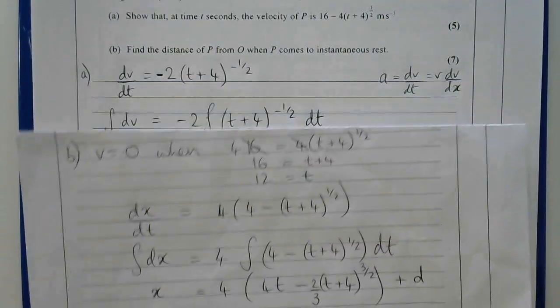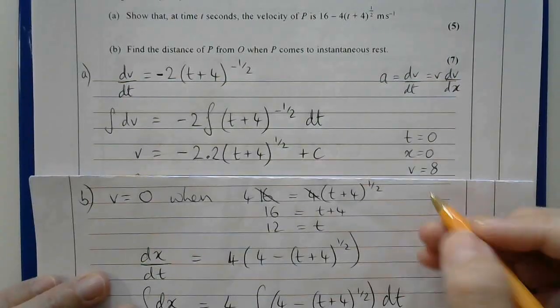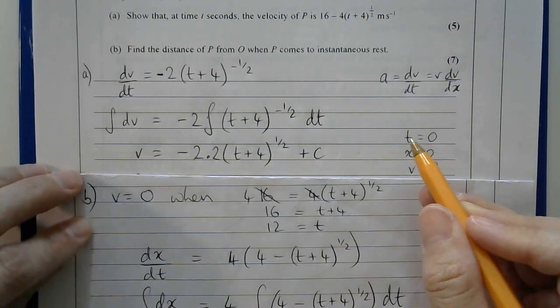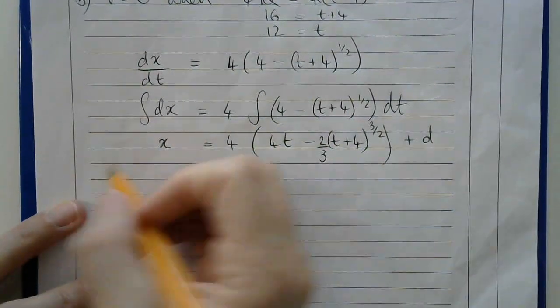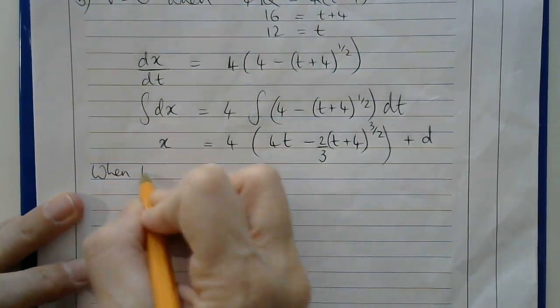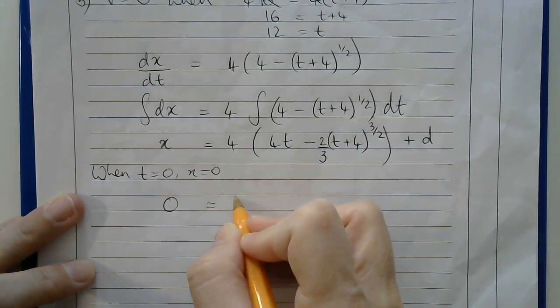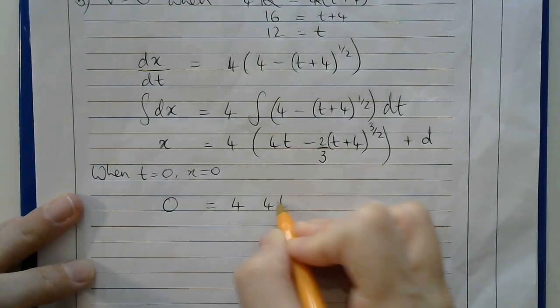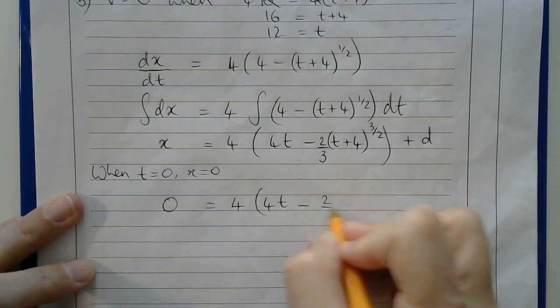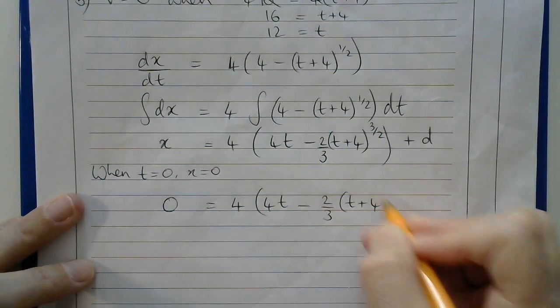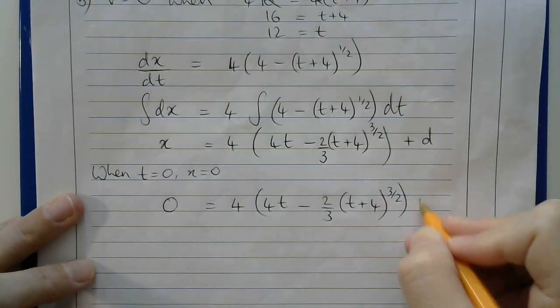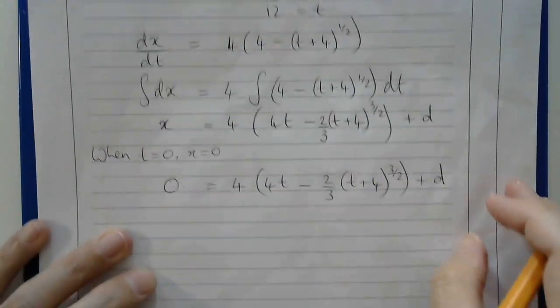Now, when I was looking at part A, I made a note that they told me when t is 0, x is 0. So when t is 0, x is 0, so therefore I get that 0 is equal to 4 lots of 4t minus 2/3 t plus 4 to the 3 over 2, plus my constant.